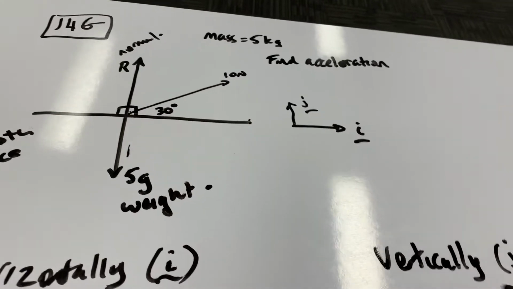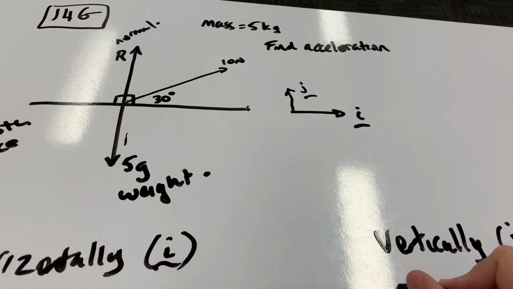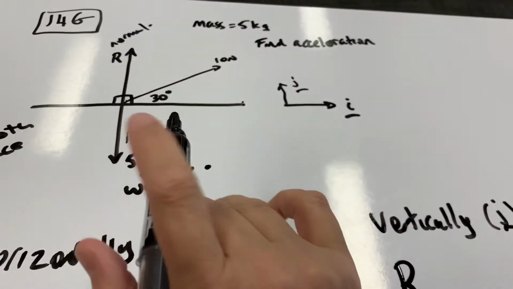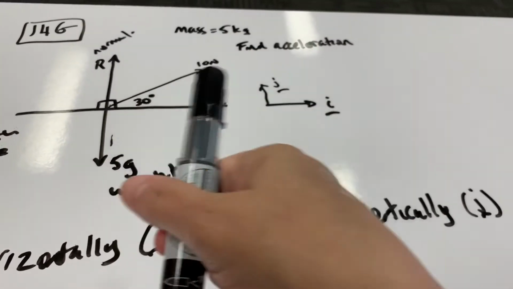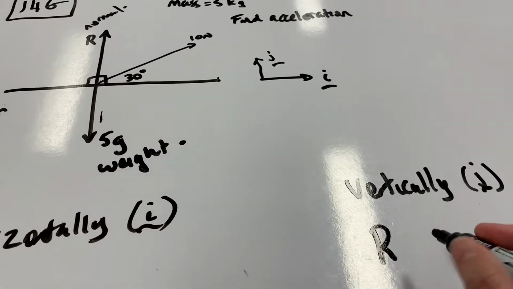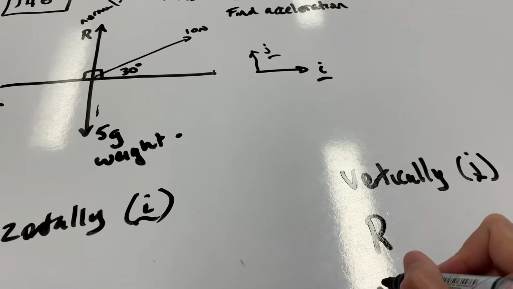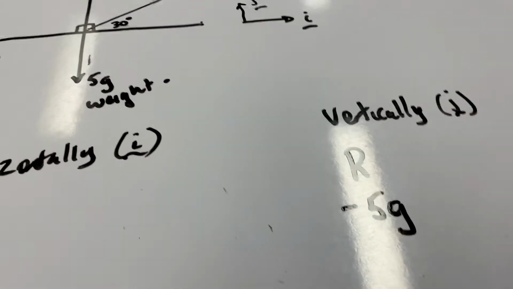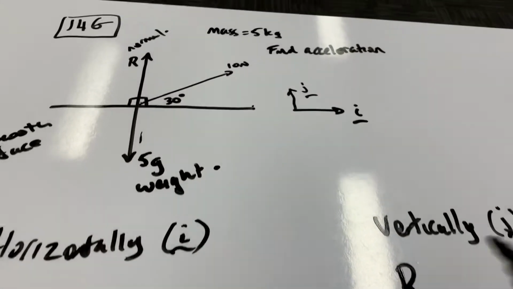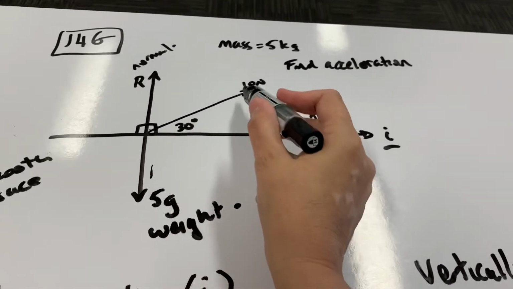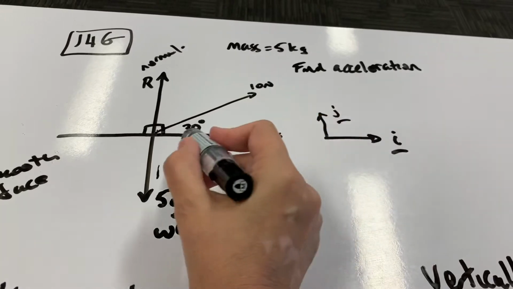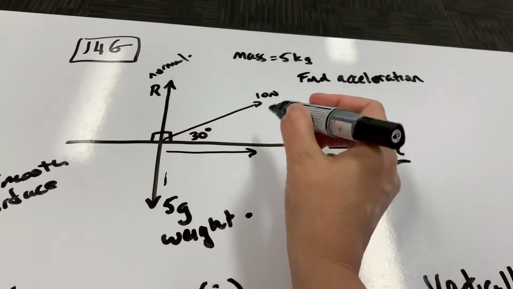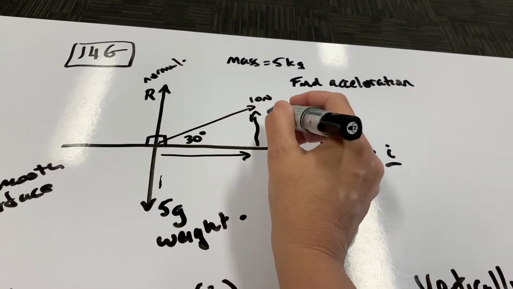Now, vertically, we've got R going straight up, because I'm saying up is positive, down is negative. I have the weight, which will be take 5G, because it's going down. Now I have to resolve this at an angle into two. I'm going to have a vertical component and a horizontal component.